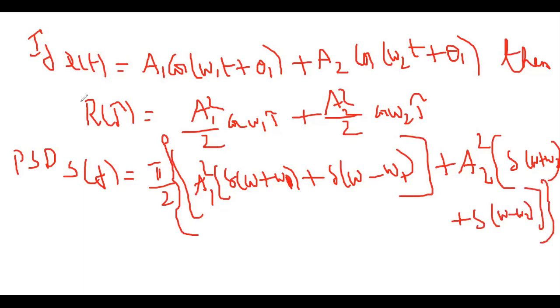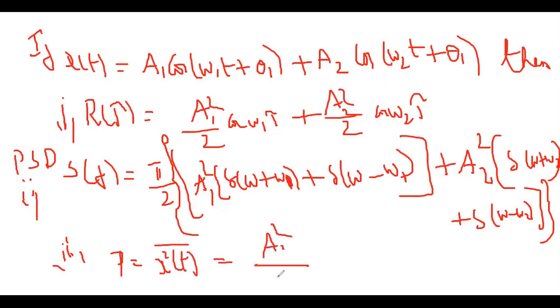Got it? First one, you can find out the autocorrelation function. Second one is the power spectral density. And the third one you have to prove: P is equal to x square of t whole bar is equal to a1 square by 2 plus a2 square by 2.